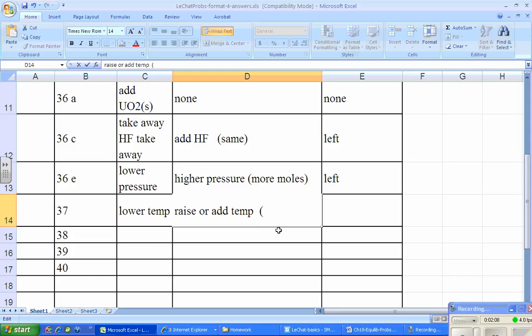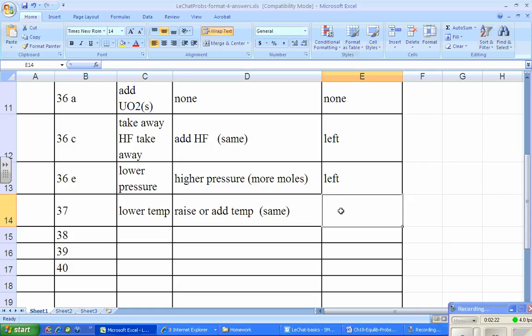So adding temperature is like adding heat, and that's on the left side. Same side as the heat is on is where we need to go to add or to raise. So since the heat's on the left, it's an endothermic, then LeChat is going to shift to the left. And that's all there is to that problem.